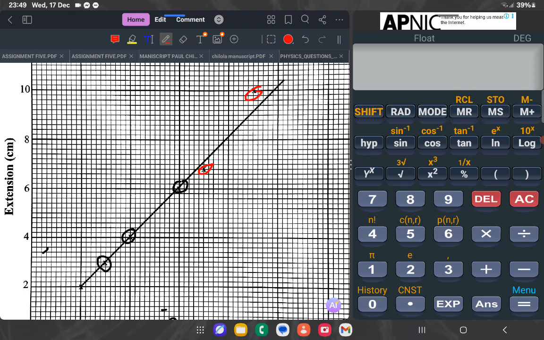So what do these points lying outside mean? These 2 points are basically due to random errors. Remember, random errors are the errors in an experiment that keep fluctuating, that keep changing in the experiment.